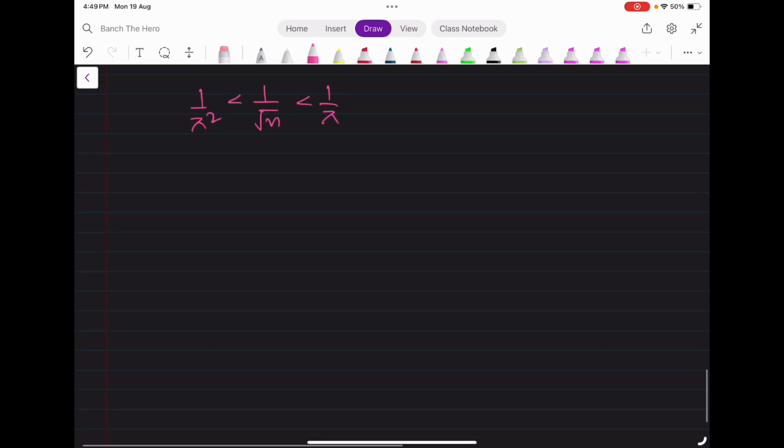Now just take the reciprocal, and the signs will change, right? So this will lie in the interval pi to pi square. If we square, it will lie between pi raised to power 2 to pi raised to power 4, right? Anyhow, we have seen pi square was approximately 9.85.